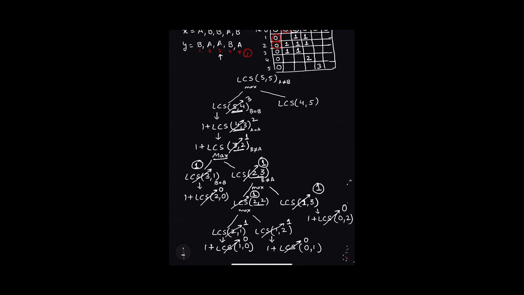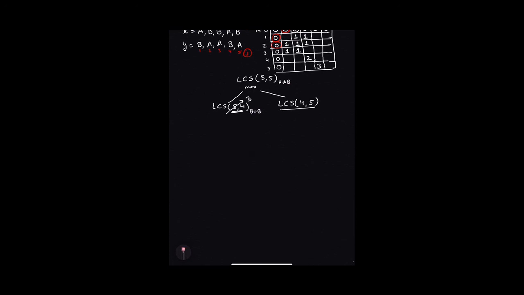Now we are going to find the value of LCS 4, comma 5. To find the value of LCS 4, comma 5, we see that A matches with A. So this becomes 1 plus LCS of, we are going to decrement i by 1 and j by 1. Then we are going to compare 3 and 4. It again matches.